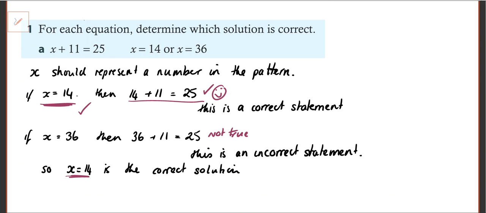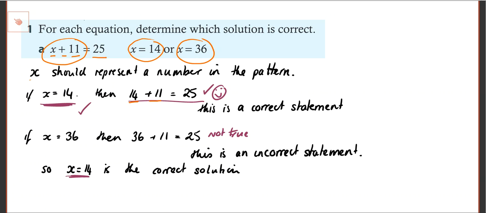Just to show you, look, if x plus 11 has to be 25, which one is correct? Is x 14 or is x 36? So I've said x should represent the number in the pattern. But that's not that important. If x is 14, then 14 plus 11 should equal 25.